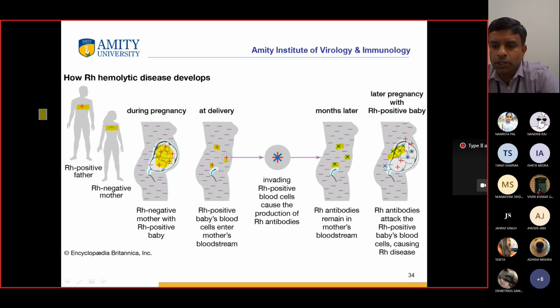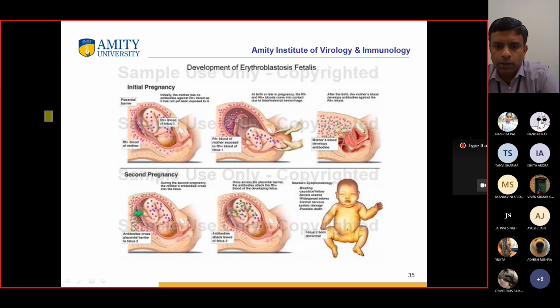So I think with this picture it would be clear to all of you. Again, it's the same thing. In the initial pregnancy the cells are separated, so no problem. But at the time of delivery, some of the fetal RBCs get into the mother's circulation, and then antibodies are generated.